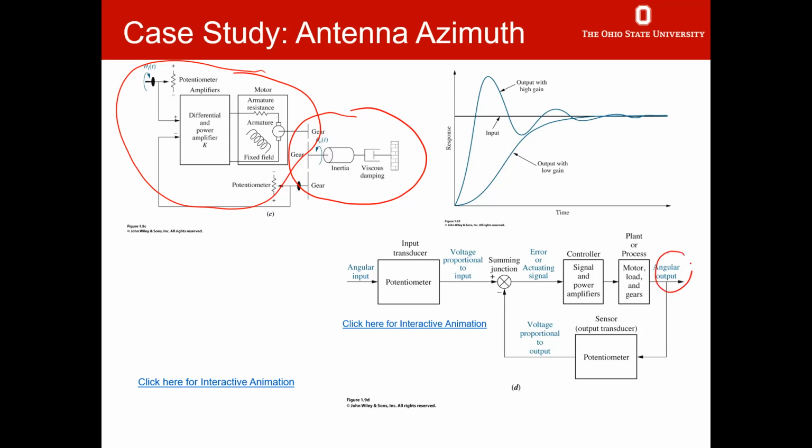And of course, you have an angular output, which you compare with a proportional voltage. This is measured by a potentiometer or some kind of position measurement device. And here you have your controls. This is your plant. And the idea is, of course, to be somewhere between this and this, fast but not too oscillatory.